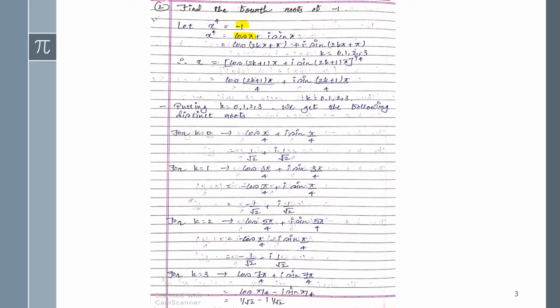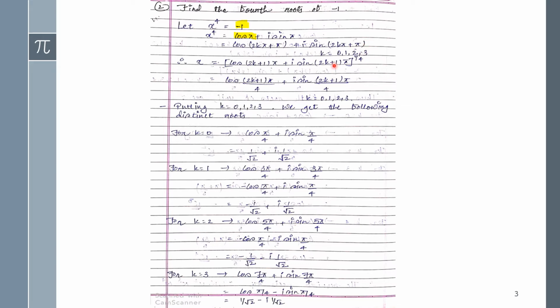Then you have to convert into the 2k pi form of the angle. Here the angle is pi, so it will be cos of 2k pi plus pi, and the same for the sine function: plus i sin of 2k pi plus pi.